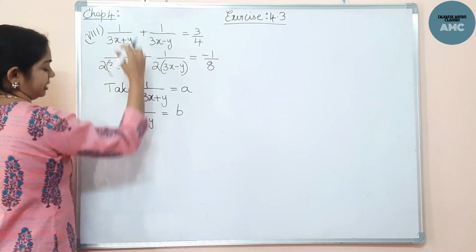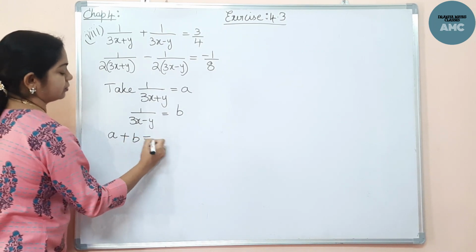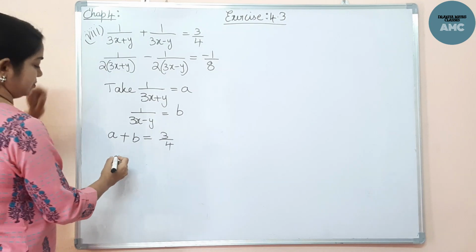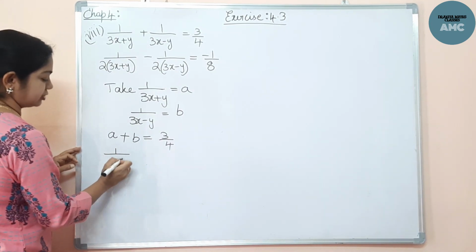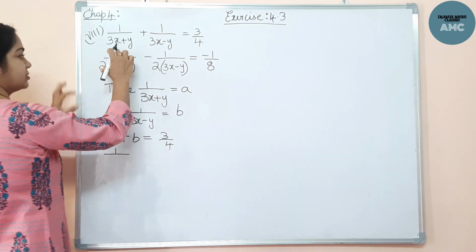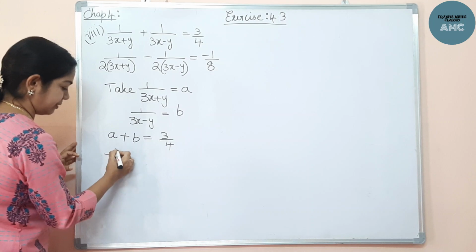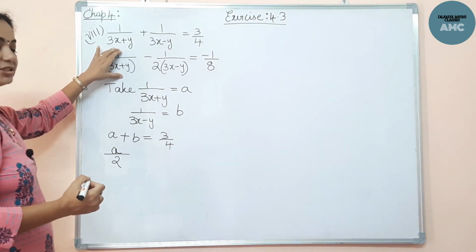Okay. Here this is a plus just b equal to 3 by 4. And the second equation, 1 by 2 into a, isn't it? This 1 by 2 is there into 1 by 3x plus y. 1 by 2 into a means a by 2, since 1 by 3x plus y is a.